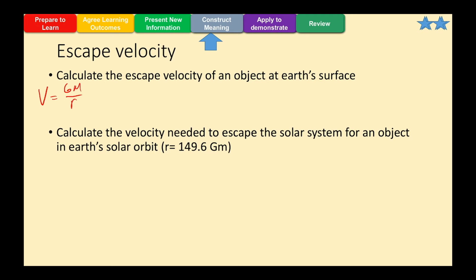Okay, and therefore the work done, or the work that you need to do to take an object from a point to infinity, is GMm over r, or gravitational potential times mass. Okay, so the amount of work that needs to be done is there.